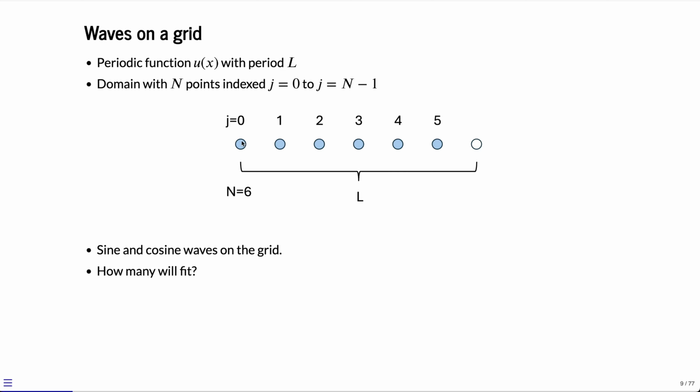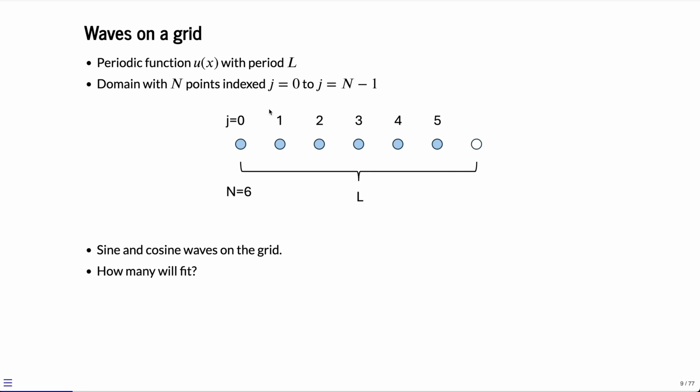So you could imagine this grid being wrapped around a circle, and if we did that, then this open circle would overlap with point j is 0, and so that's why it's not included. So sometimes you'll see this grid written with the open circle first, and then we'd fill in this last point, and that's just a matter of preference on which one you use.